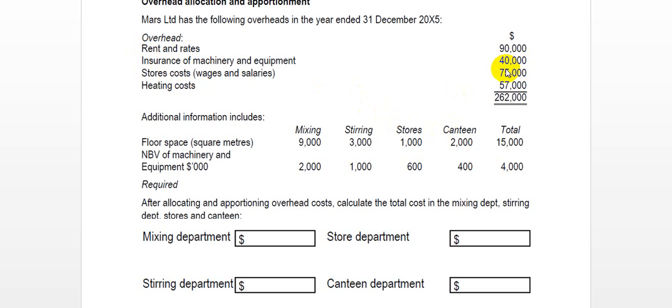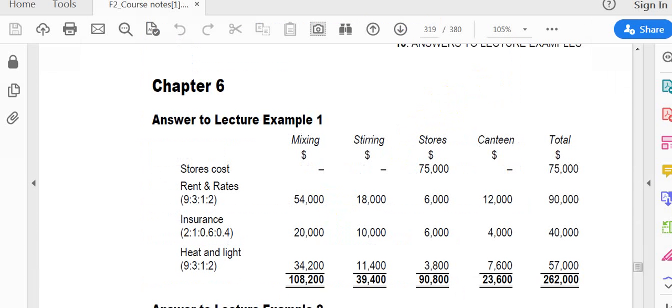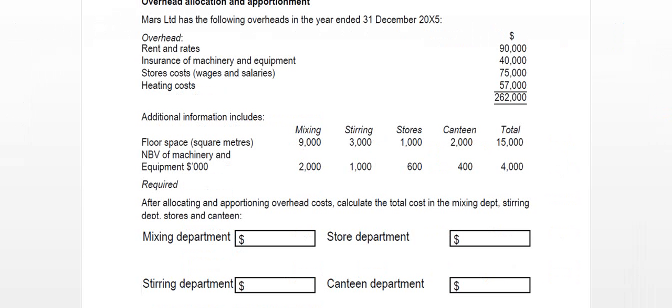So the 75,000 will be allocated to the stores. The other overheads, since they cannot be allocated, we will apportion them to all the departments.